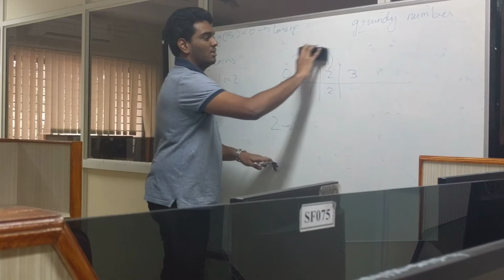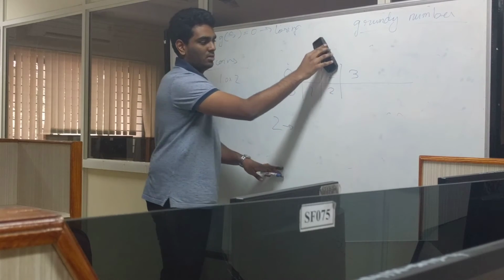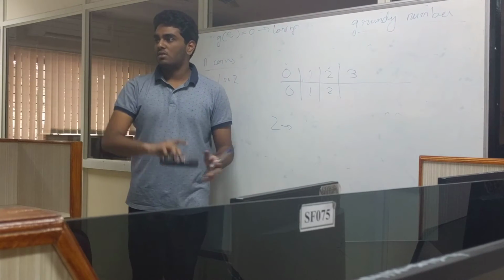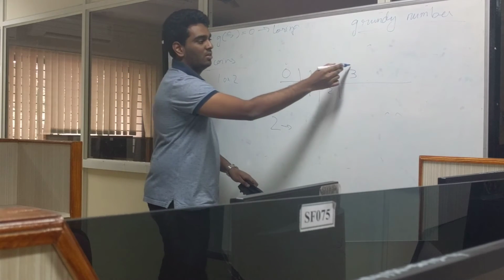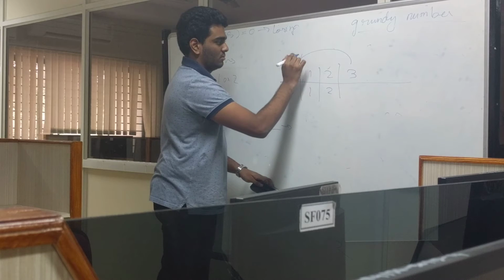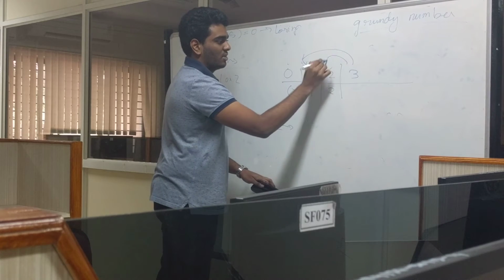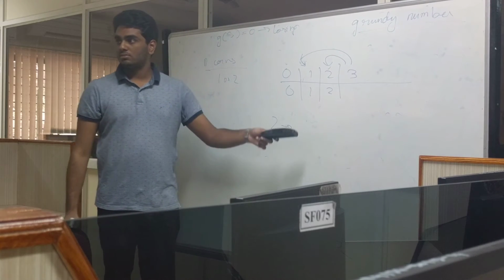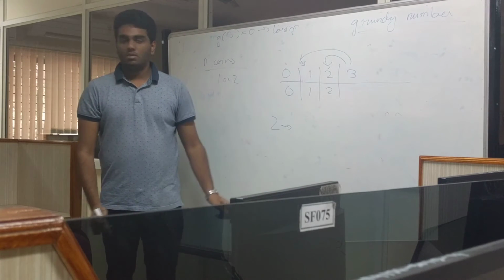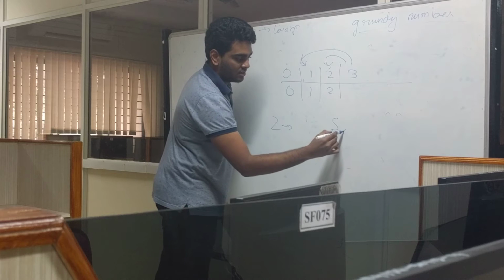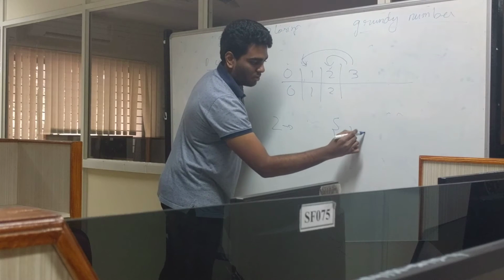From 3, what are the states it can go to? It can go to 1 or it can go to 2. Correct? So only 1 and 2 are there. So the smallest non-negative integer which does not belong in 1 or 2 is 0.